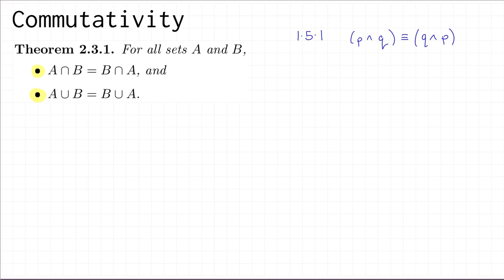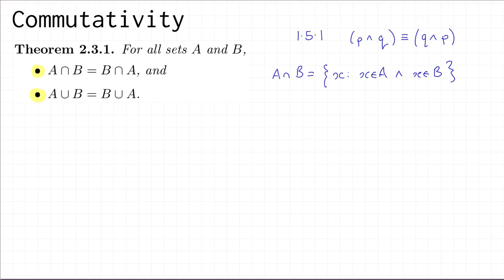Let's think about the first part of this theorem then, to do with intersections. So you'll recall that A intersect B, or A meet B, is equal to the set of all things X such that X is in A and X is in B. Okay, now you can see where the connection with logical equivalences is going to come in.